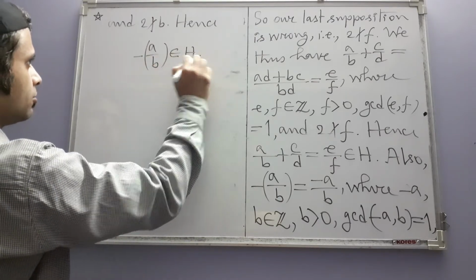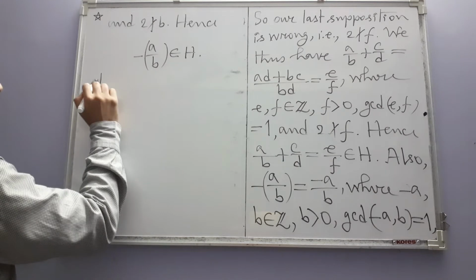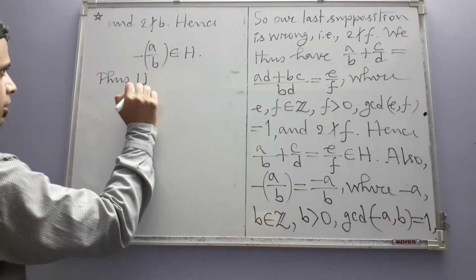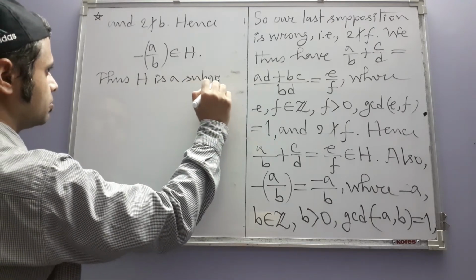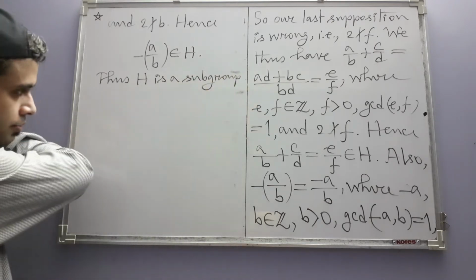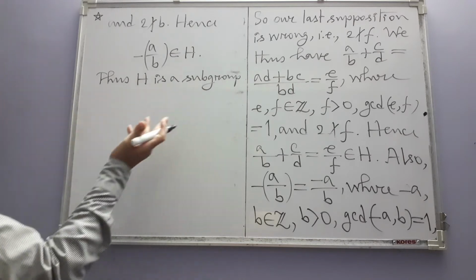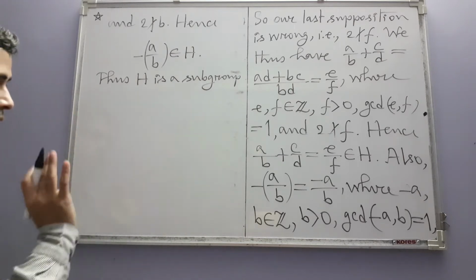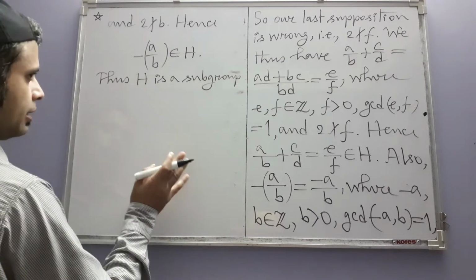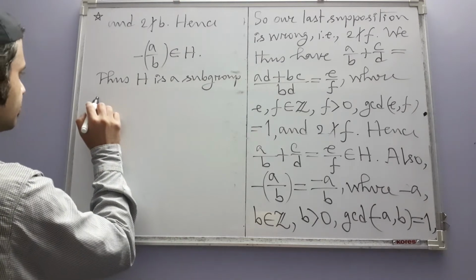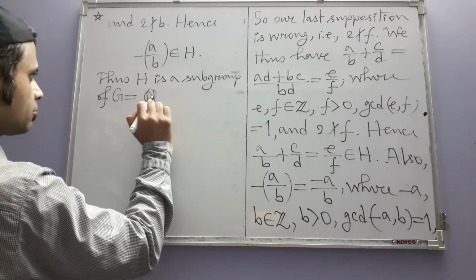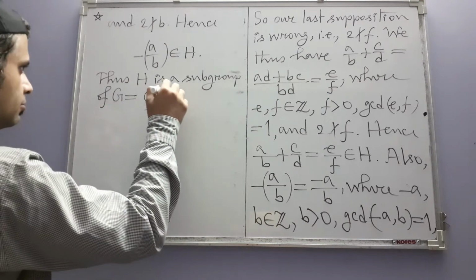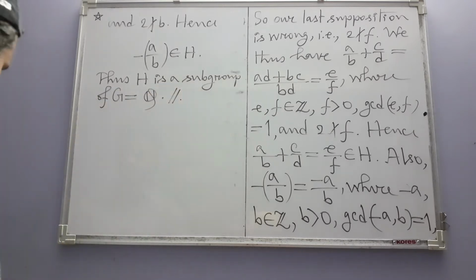This also belongs to H. So now we can finally say H is a subgroup, and having done so much, you should not forget ultimately that this H is that new H, okay, not the H that is given in the text of G. So that is the 33rd one.